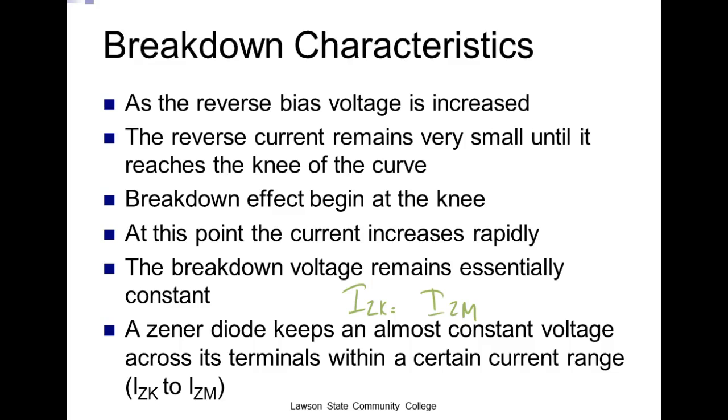If they drop a voltage and we put a current through them, P is equal to what? V times I. So they produce heat. If we exceed that maximum current, we're going to exceed the wattage rating of the Zener. So Zeners are rated in basically two things: watts and voltage.